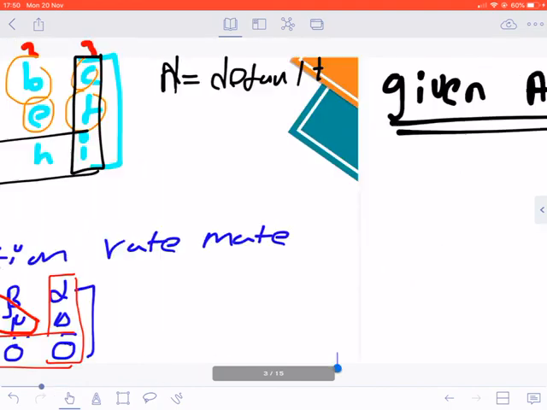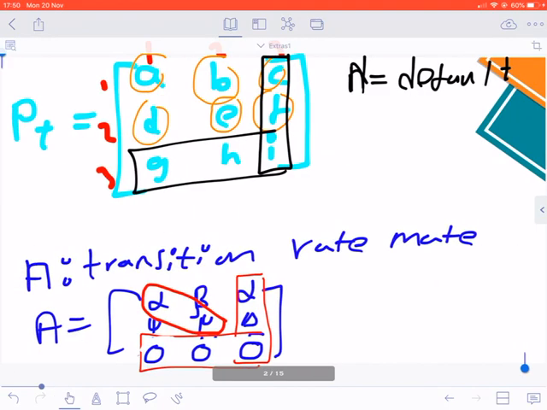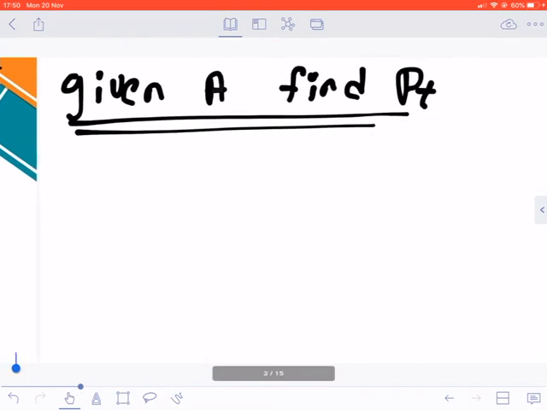So now, since most of the time you would be given the transition rate matrix, how do you move from the transition rate matrix to the probability transition matrix?